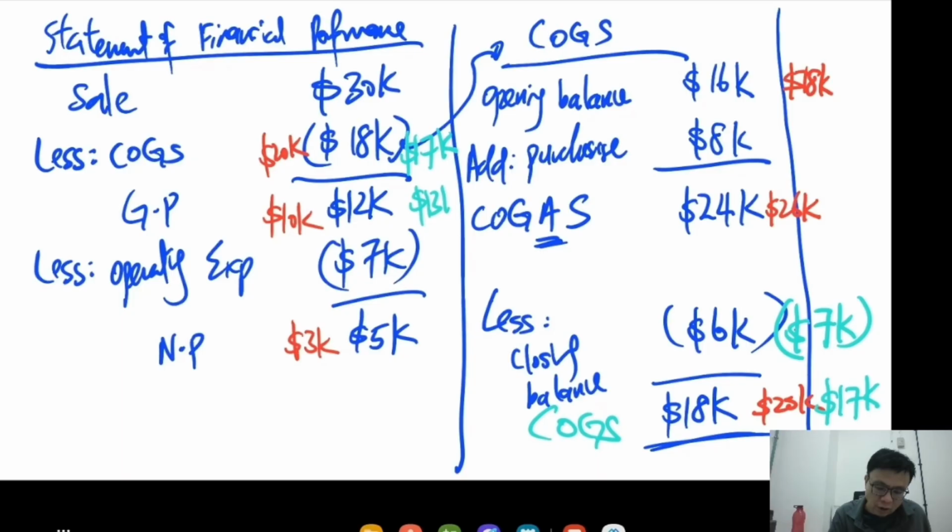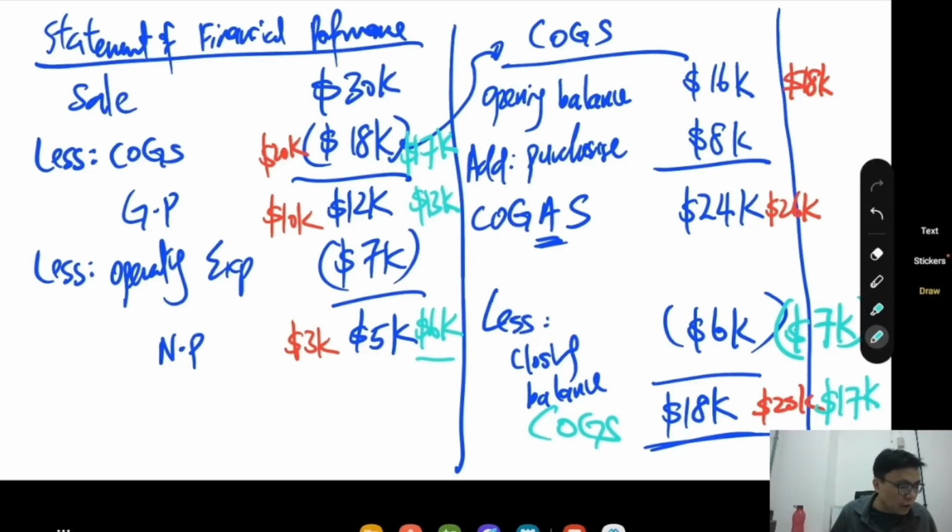Your 13K less off operating expenses, assuming that there are no changes, that will give you 6K over here. So if your inventory is overstated, you will realize that your error effect on the GP and your NP over here will be overstated, as you can see: 13K versus 12K for the GP and 6K versus 5K for the NP.